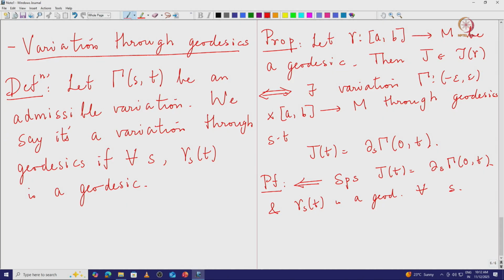Then my claim is that J is actually a Jacobi field. So I have to verify that it satisfies the Jacobi equation. As usual my notation is that S is the transverse derivative and T is the velocity vector of the horizontal curves.